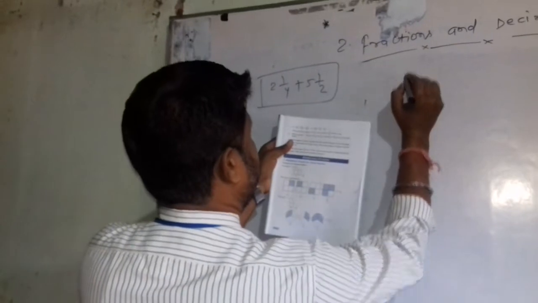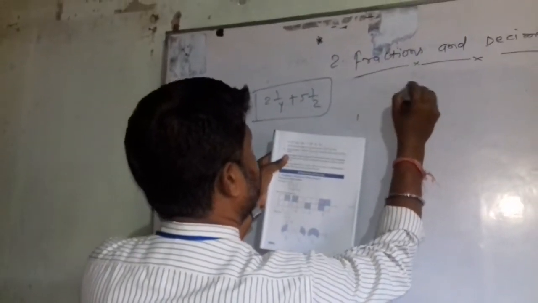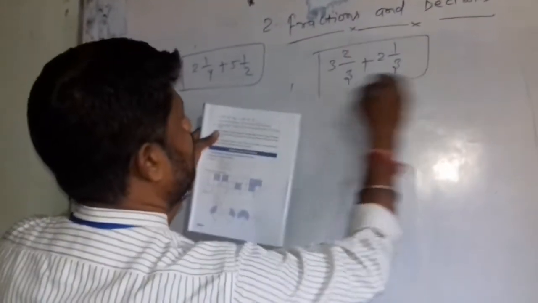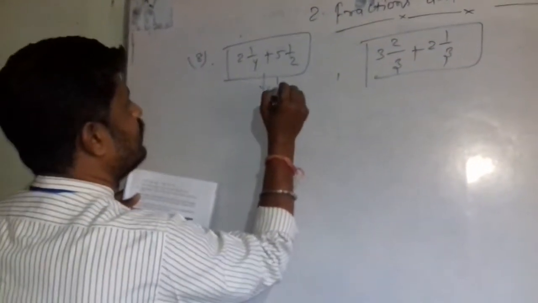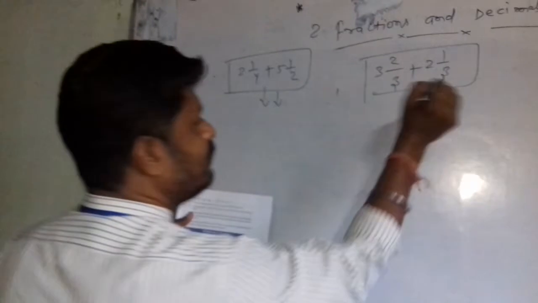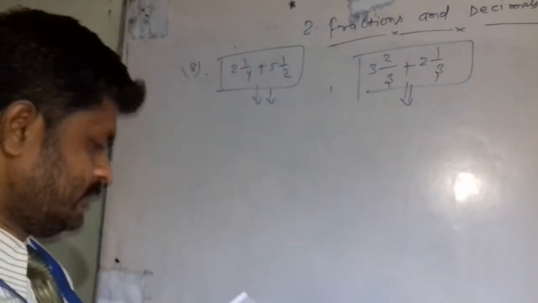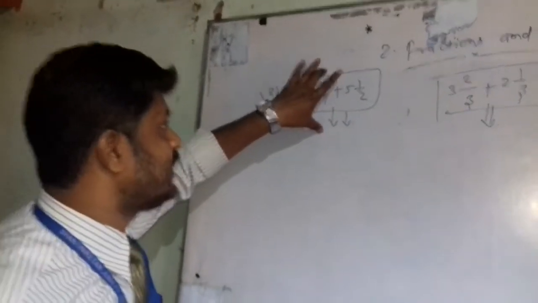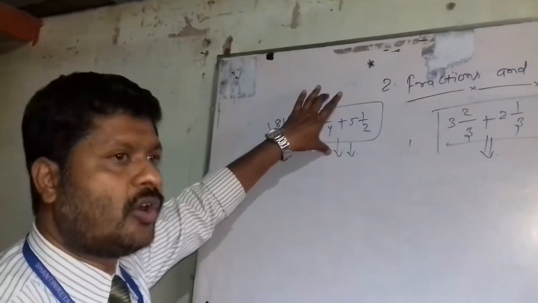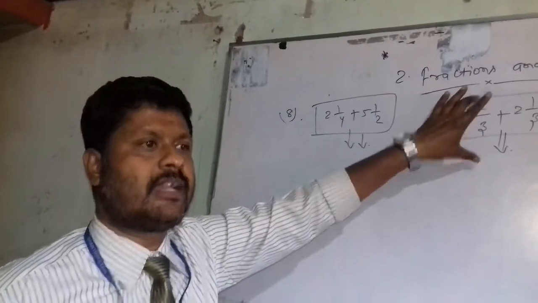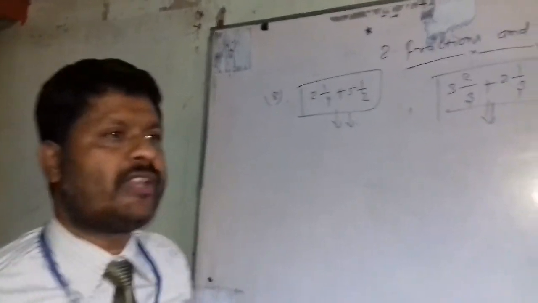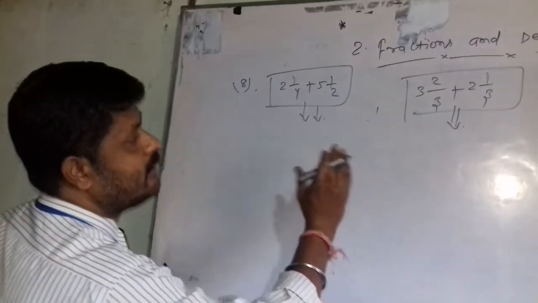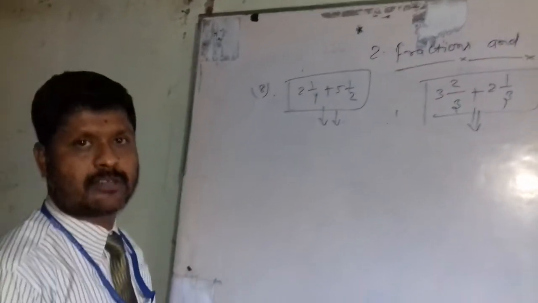And in the second part, we have to solve 3 whole 2 by 3 plus 2 whole 1 by 3. You have to find the sum of each and then select which is greater, and by how much. To find how much, we subtract the lesser from the greater.